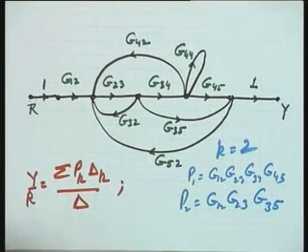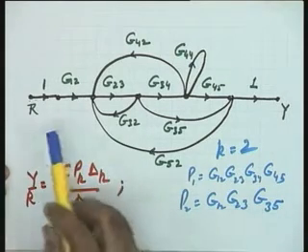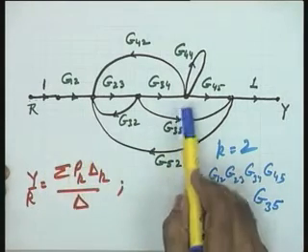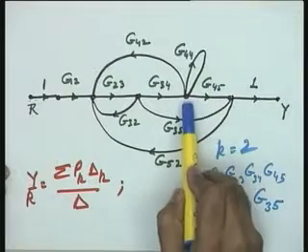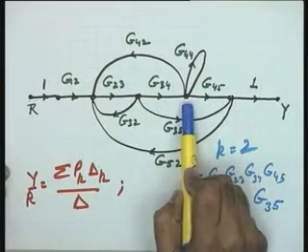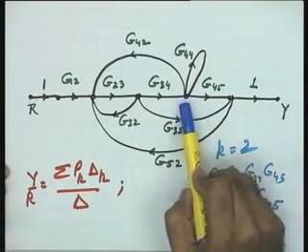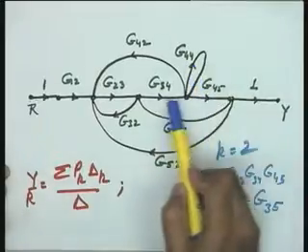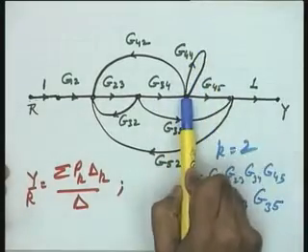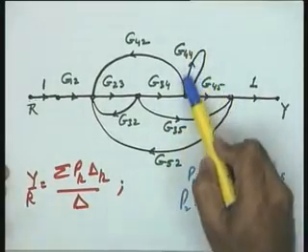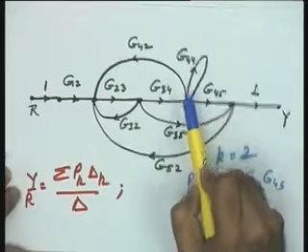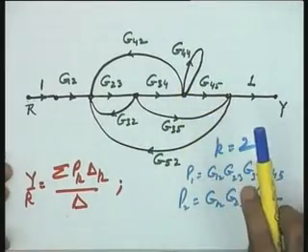Come on, if anyone is able to identify any other forward path, we will examine that. G12, G23, G34, G44, and then G44 again. So then we are returning to the same node. G44 is a self loop here. If you follow this particular point, you are coming back to the same node, and hence this is not allowed in the forward path.